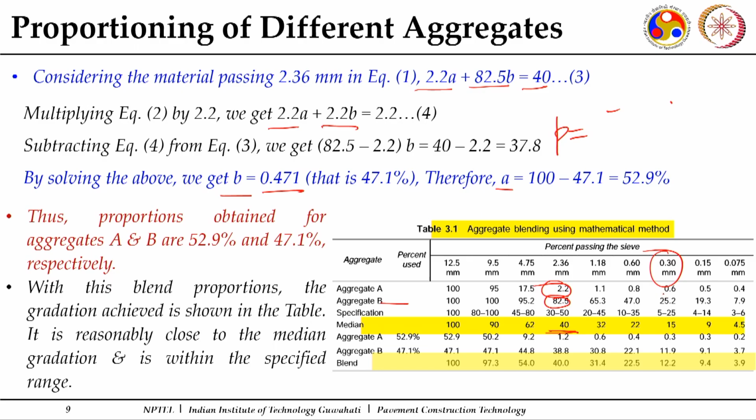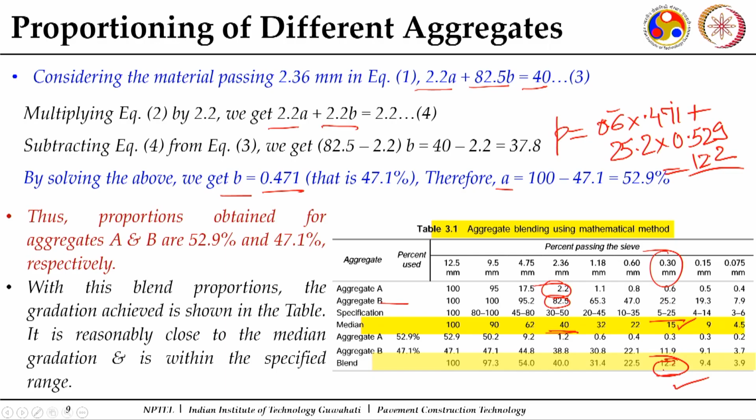The first one says 0.6 only, so 0.6 into 0.471 plus 25.2 into 0.529, and this gives you a percentage of 12.2. Whether 12.2 is acceptable, I will see what range is required. The range says 5 to 25, so 12.2 is within that range.